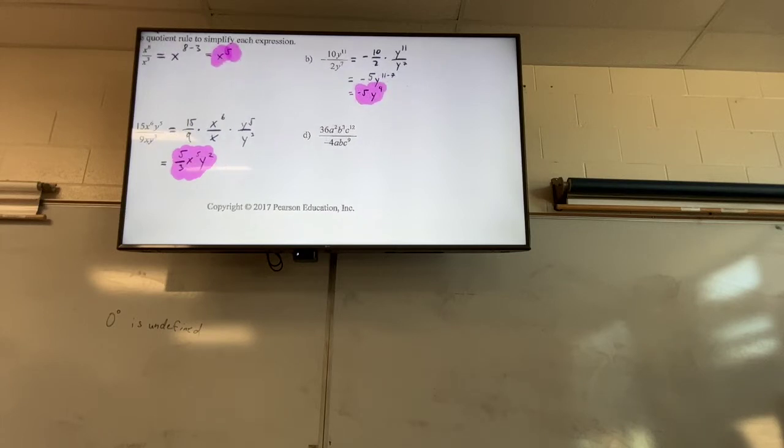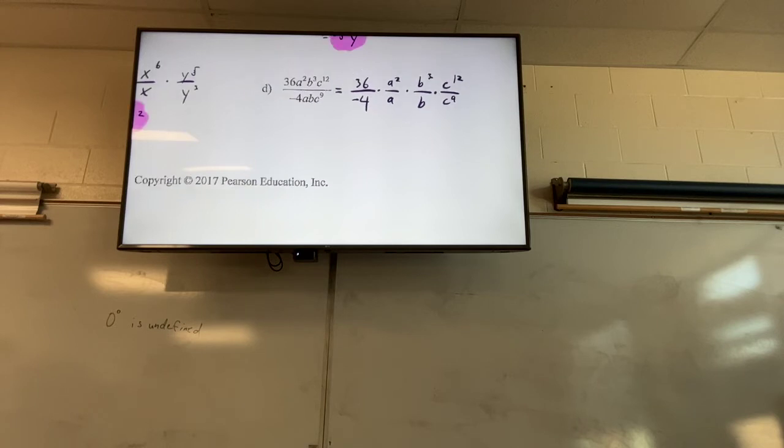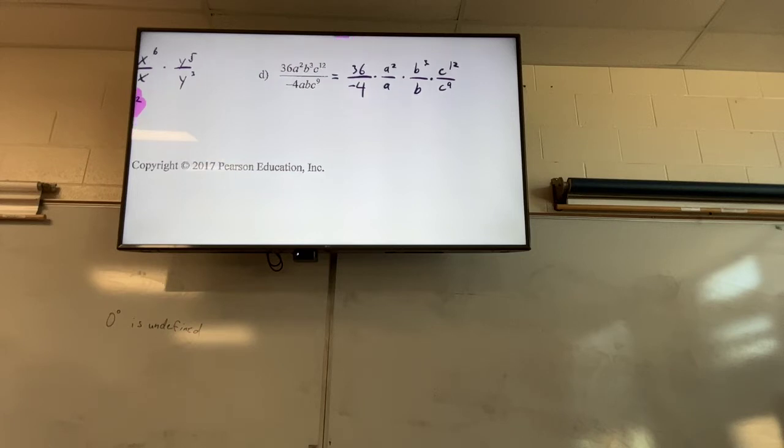All right, same thing for D. That's 36 over negative 4 times a squared over a times b cubed over b times c to the 12 over c to the 9. I encourage you to rewrite it that way. Mathematicians like to break problems with many parts into many problems with one part, or smaller parts.